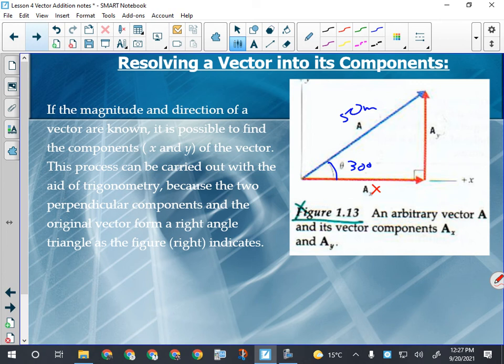So we got to remember this: sine is opposite over hypotenuse, cos is adjacent over hypotenuse, tan is opposite over adjacent. So I got to remember that so I know which trig functions will help me calculate which sides. So I'm going to use cosine to get my x component because x is adjacent to, or touching, the angle that I was given. And I know the hypotenuse.